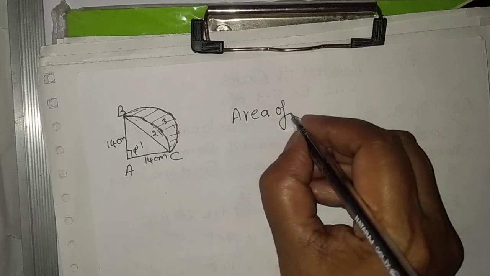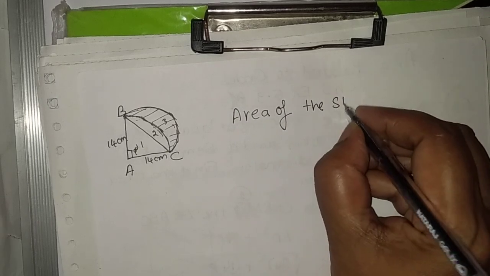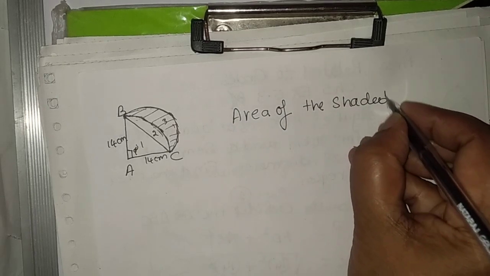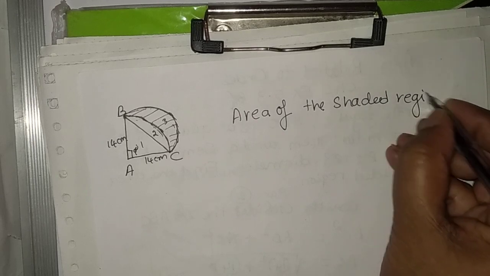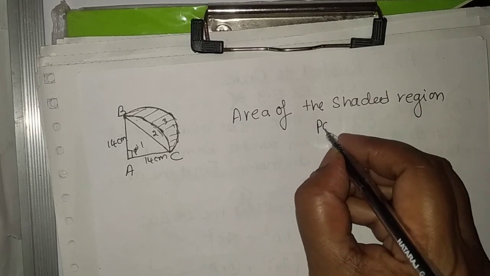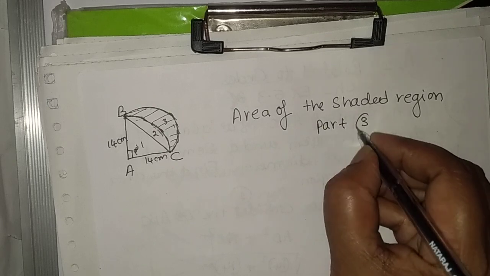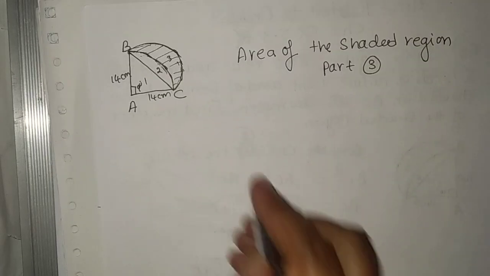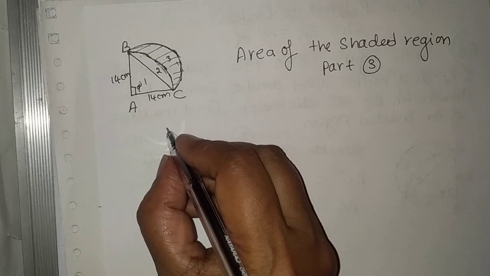The area of the shaded region will become our part 3. So part 3 is equal to what?